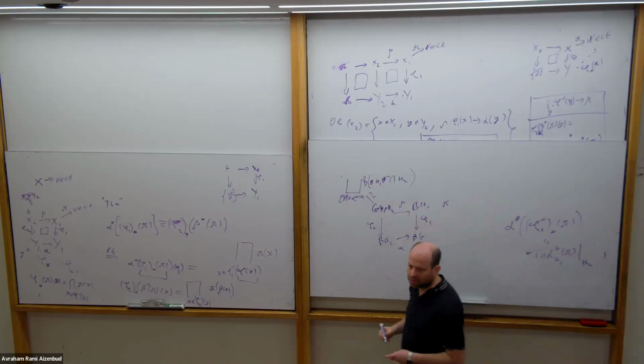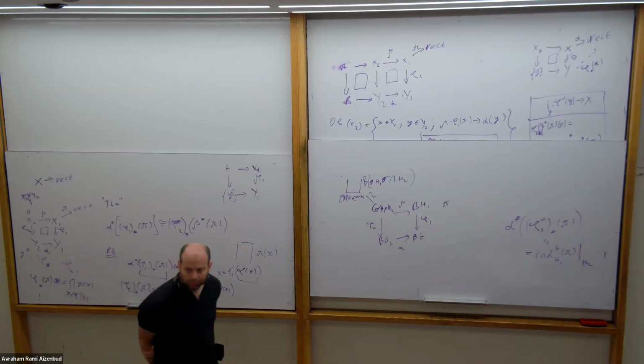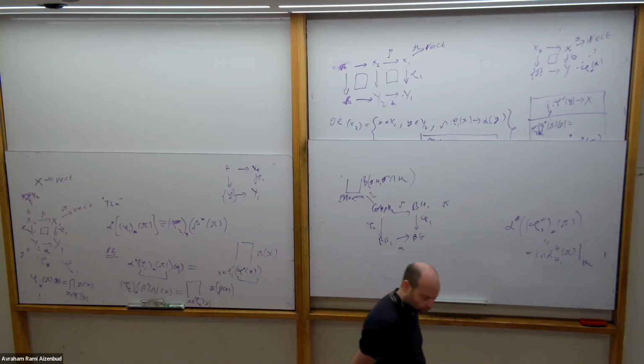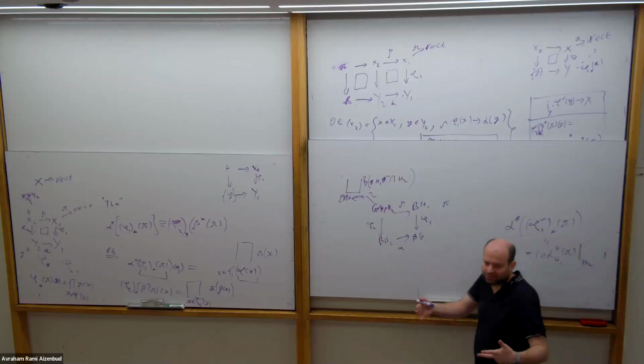So what is beta upper star of pi? It's kind of confusing, but you can't really write it as a representation, because it's a representation of two points. It's a tuple.